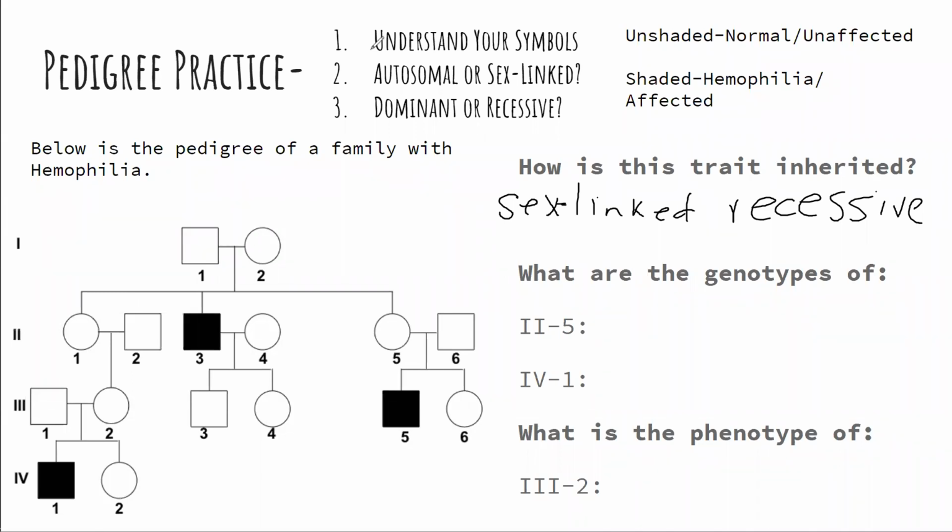Okay. So now let's determine the genotypes of these 2 individuals. So generation 2, individual 5. Here we go.